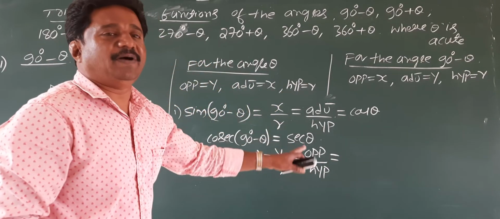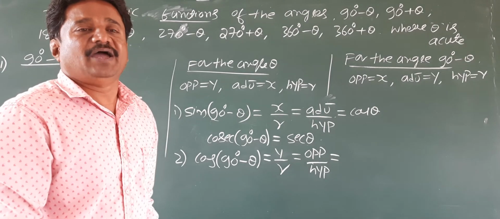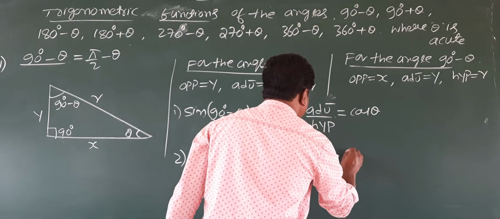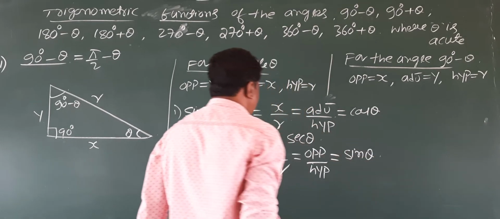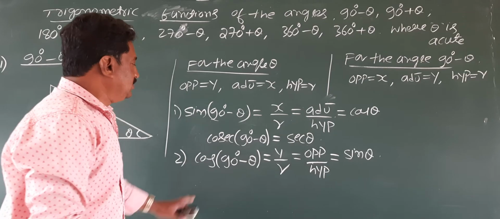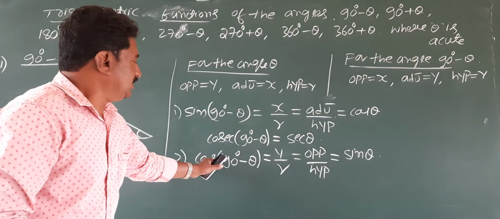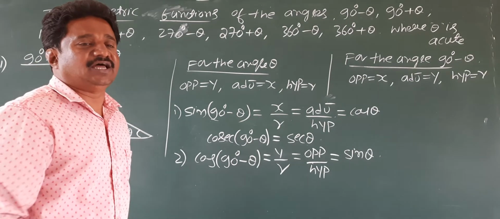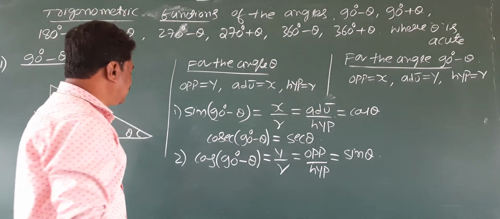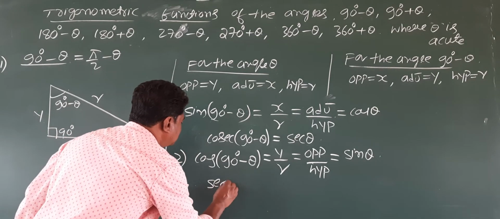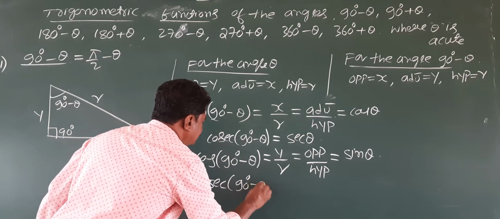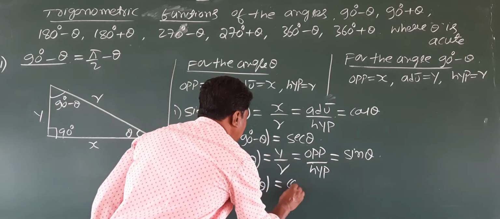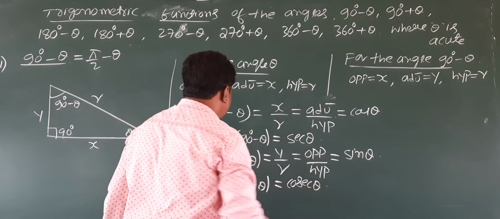What is opposite by hypotenuse? It is sin theta. So reciprocal both sides. Reciprocal of cos is secant, as I explained in the last class. Secant 90 minus theta. Reciprocal of sin is cosec theta.